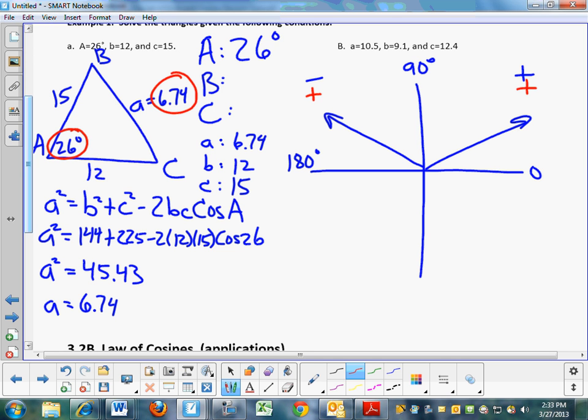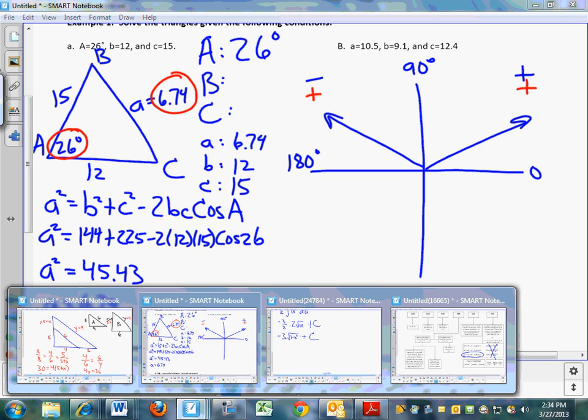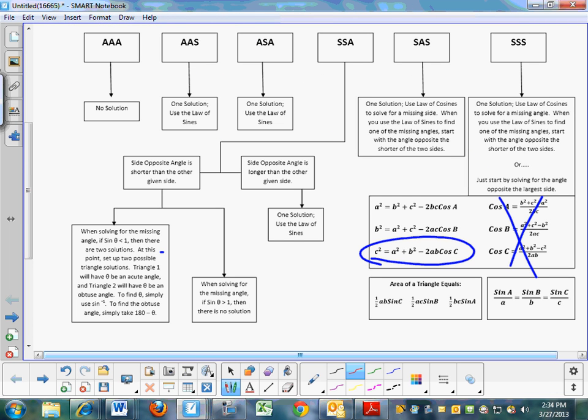Now watch, if you choose to use 15 or you choose to use 12, either way you're going to end up with a side-side angle situation, right? And when you get side-side angle, that's donkey, right? It's big problems. But we can avoid all those problems. We can. I'll show you how.